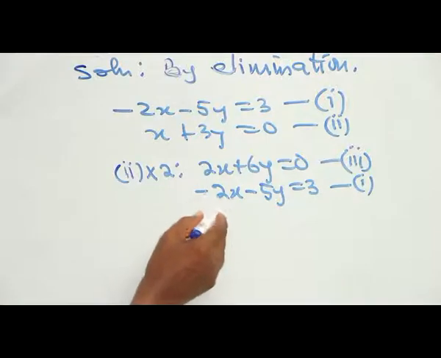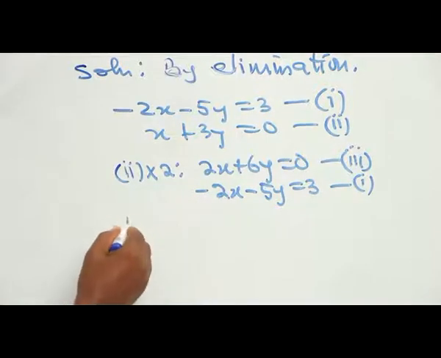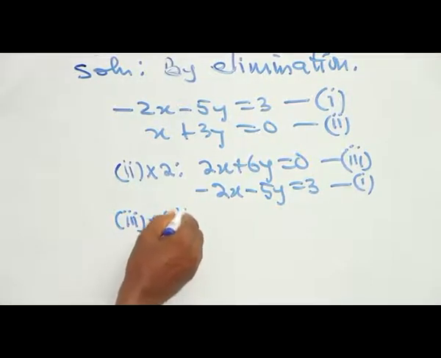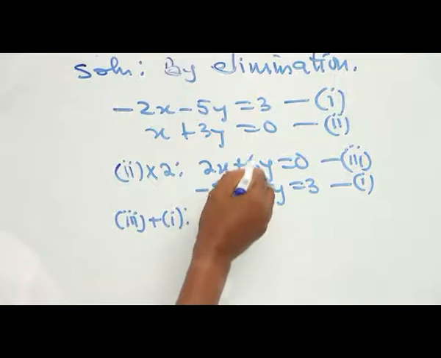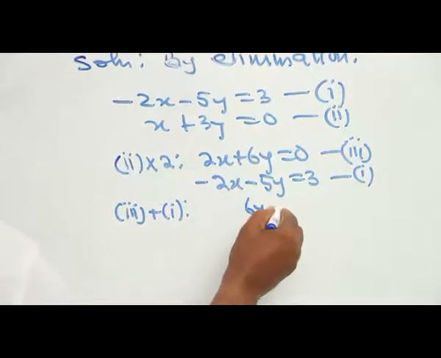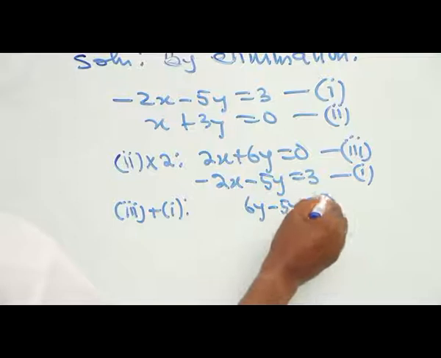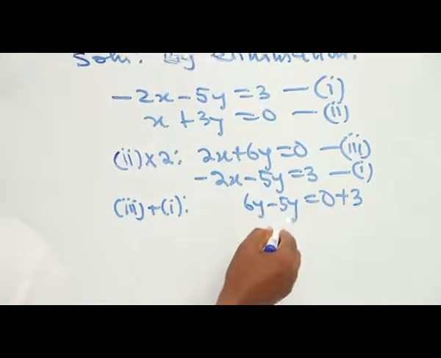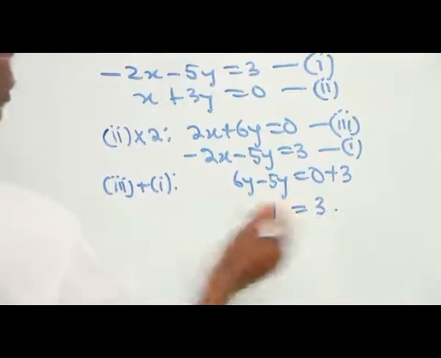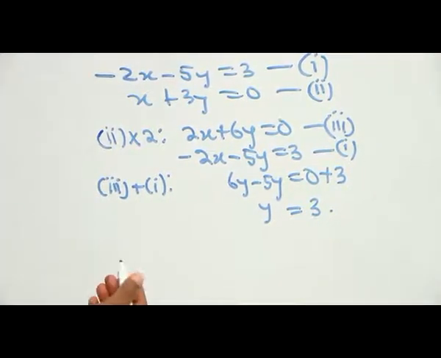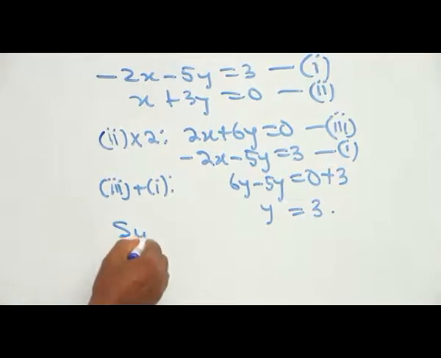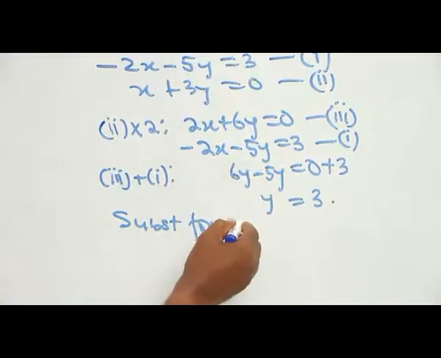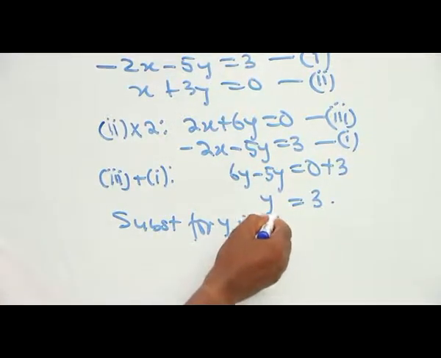So, to eliminate this, you carry out addition. So we say equation 3 plus equation 1. When you add this, it will be 0. Then you now have 6y minus 5y equal to 0, also plus 3. Now this eventually will give you y, and it's equal to 3. So what next are you going to do? You can therefore say substitute for y in equation 2.